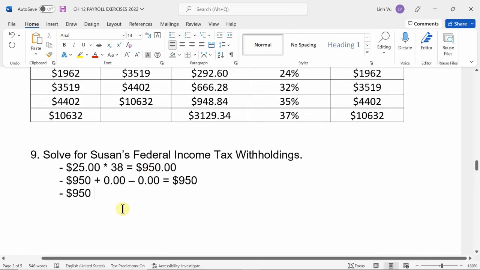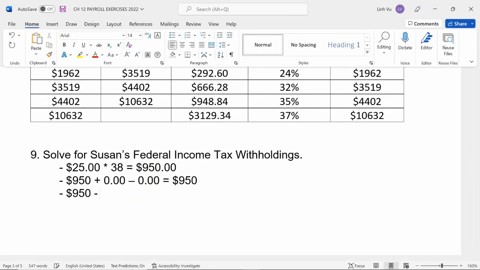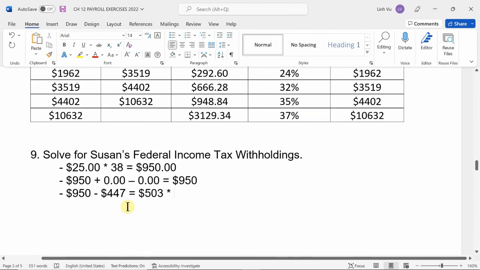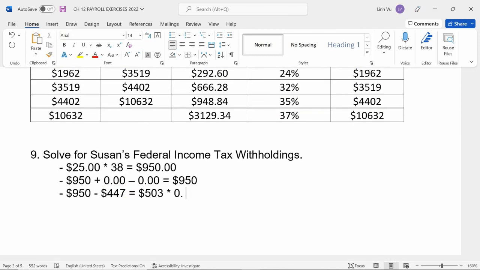So the excess would be 503. Correct. So we subtract the 447 that the government lets her keep, meaning she's earned a total of $503 in excess. So if she's earned $503 in excess, she's going to be taxed at how much percent? 12%. So we need to figure out what 12% of that $503 is, and that gives you $60.36.